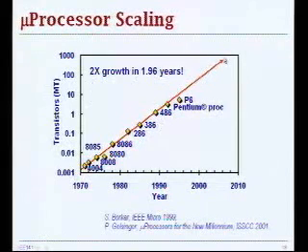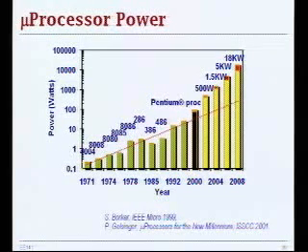The number of transistors on a die doubles, because we are able to integrate 2 times more functionality in the same area for roughly the same cost. Now, what this is going to cause for the power consumption is also an exponential increase.